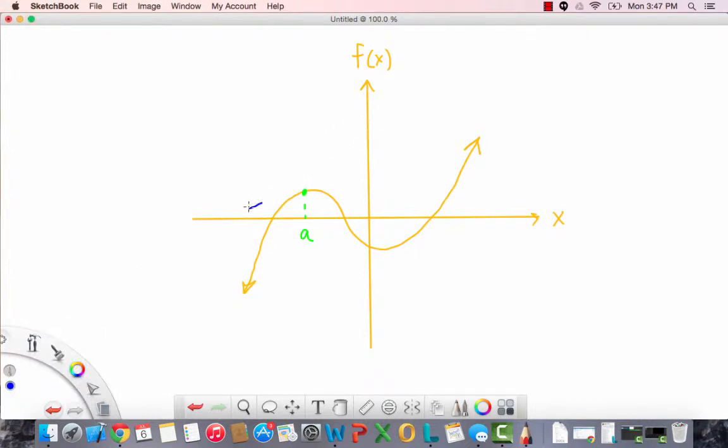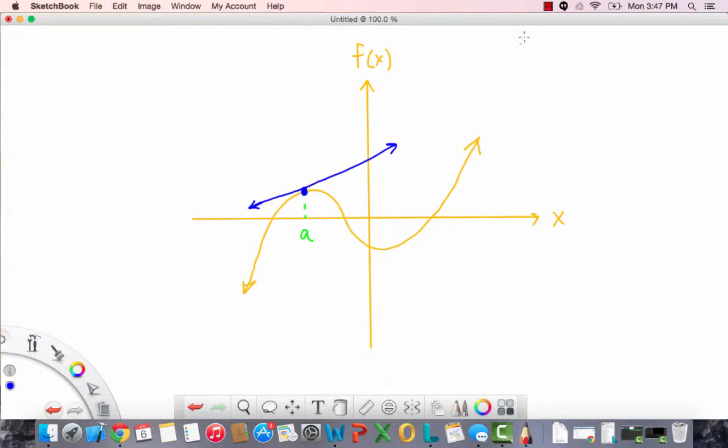I could at least get an estimate of it, kind of like that, although I missed the point. So we'll cover up my mistake by making that point a little bit thicker. The idea is to find the equation of this tangent line when x equals A.